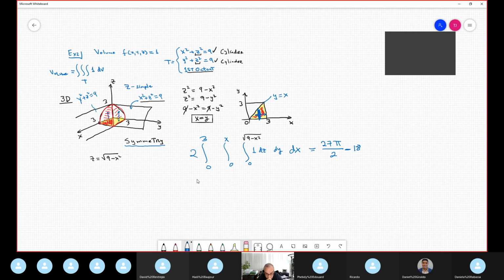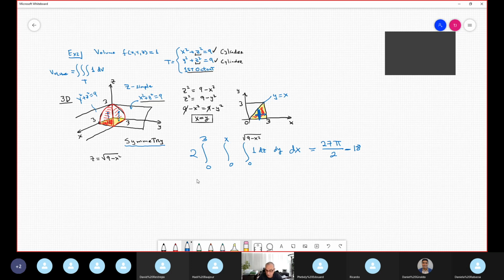It's because, okay, the interpretation is the antiderivative is impossible. And now the calculator applies a numerical method to solve that. Okay? But in this case, no. In this case, it was 27 pi over 2 minus 18, the exact answer, and this is the final answer. Any question? Any question? In the example 2.